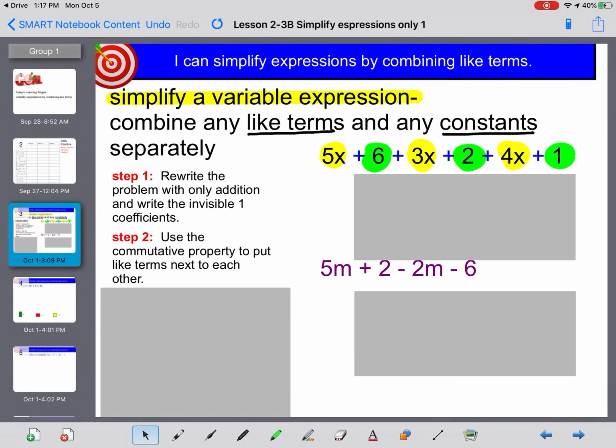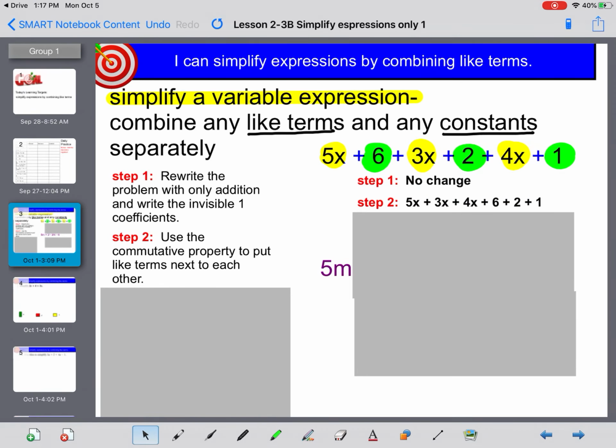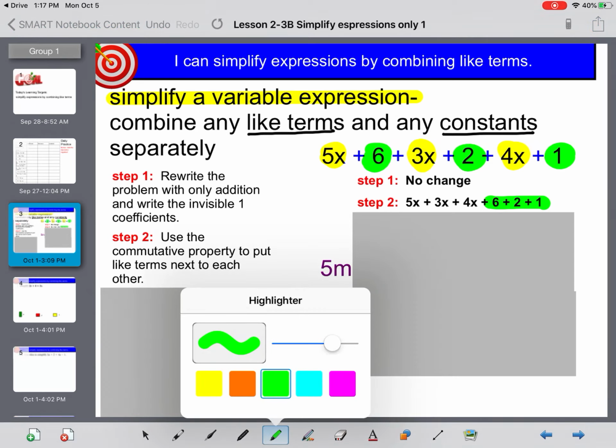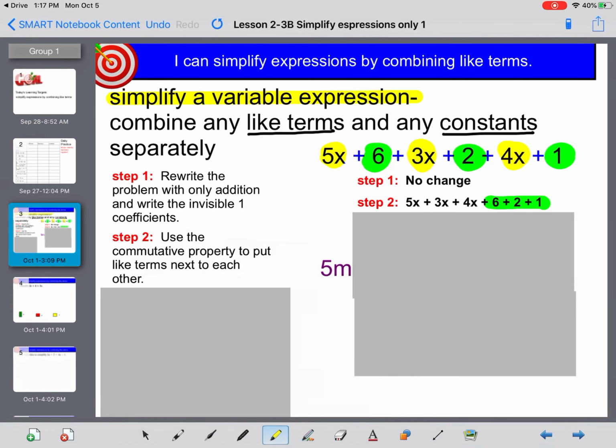So I would like to shuffle those around so that all of the yellow terms are together and all of the green terms are together. And so here you can see, if I rewrote it like this, that my constants, 6, 2, and 1, are by each other, and my like terms of 5x, 3x, and 4x are all by each other.